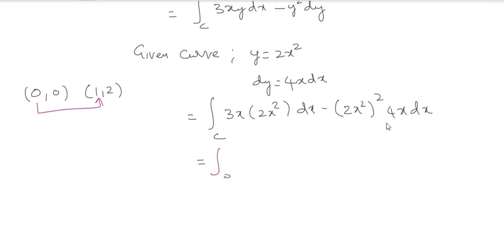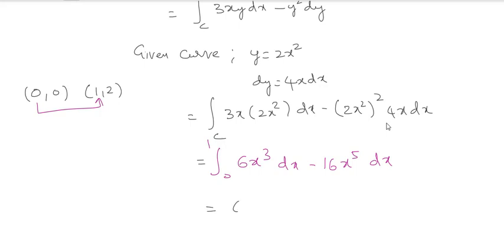So my limits will be 0 to 1. This will be 6x cube dx minus 4x power 4 times 4x dx, so 4 into 4 is 16, 16x to the power of 5 dx. Am I correct or not? Yes or no? So now for this, do the integration.